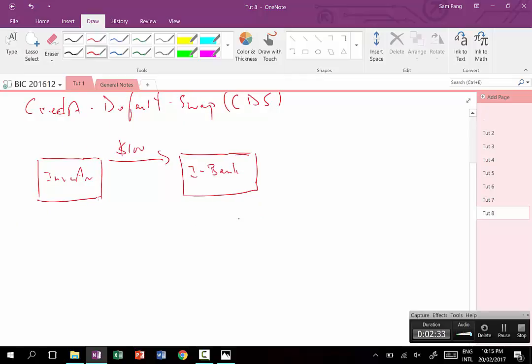So the investment bank will hopefully place this $100 somewhere, either in the short-term money market, or they can actually go out and buy US Treasuries, but of course you get a much lower yield, okay?